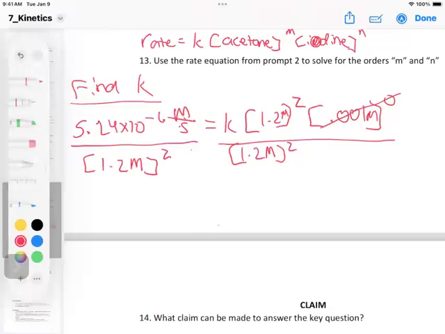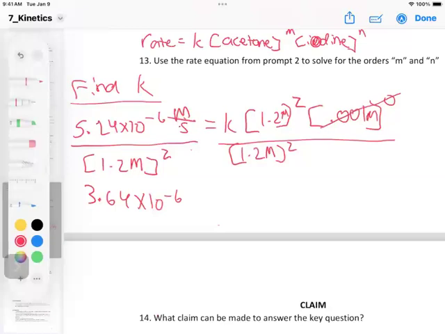So calculating this, this gives me 3.64 times 10 to the -6.